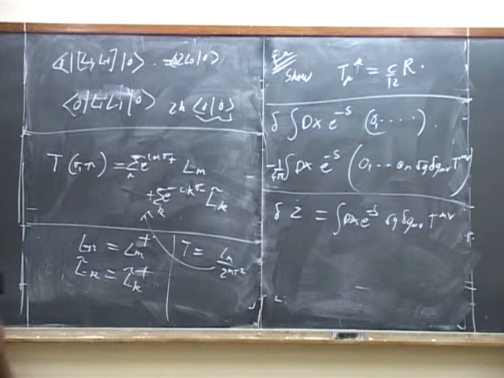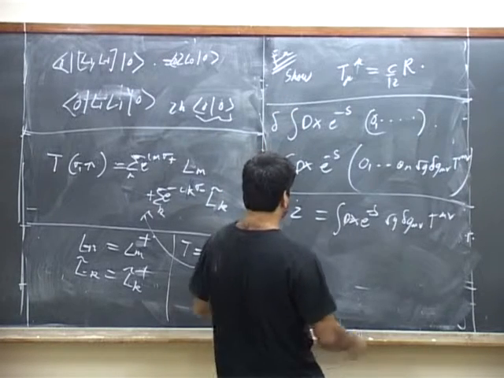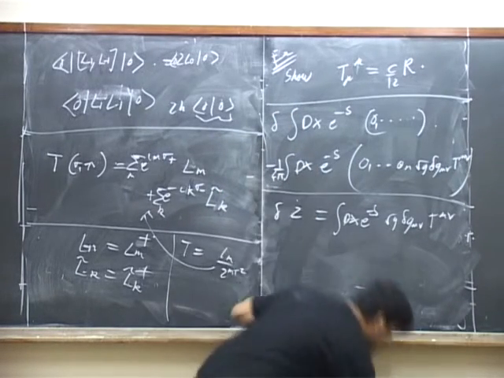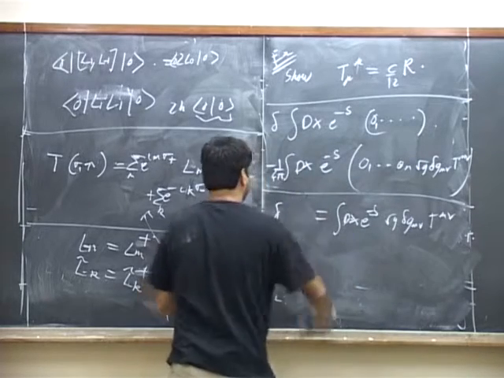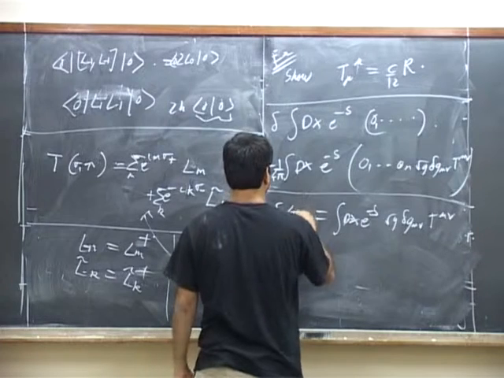Now, oh no, sorry, I made a mistake. I don't want to apply this to the partition function. I'm going to apply it to the insertion of one trace of the stress tensor. Sorry. So delta of, let me call this expectation value, T mu mu.